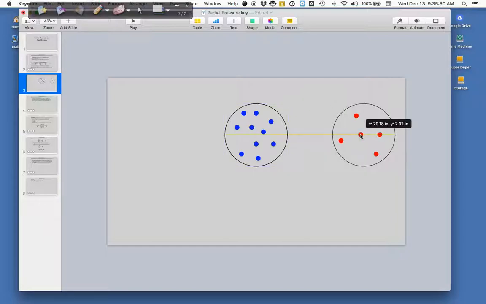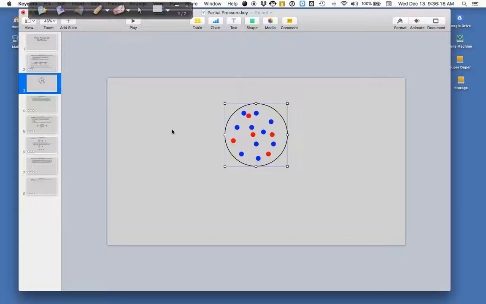Now we're going to take red gas and we are going to squirt it into the container that already contains blue gas. What is now the pressure inside the container? 3 atmospheres. Duh. Right? Are you guys all at duh? Okay. Now let's move on to, but wait a minute.